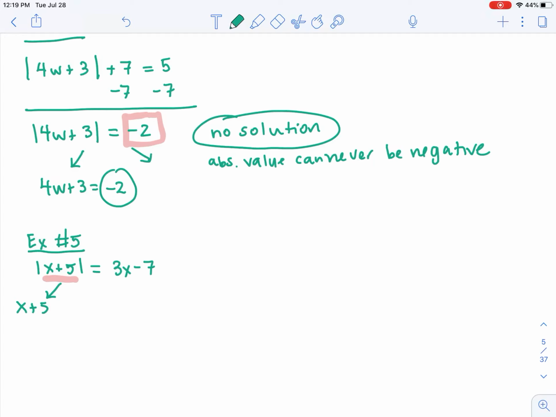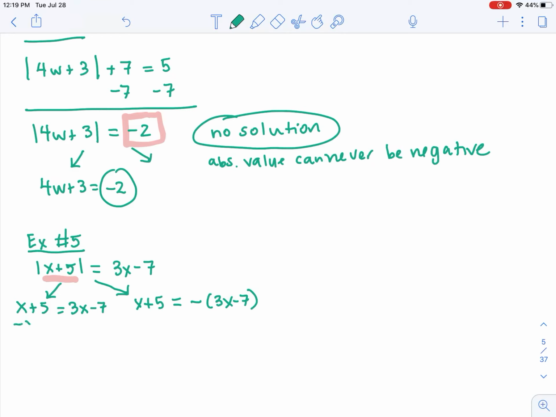That absolute value expression is isolated on the left, so we're good to go. And we set it equal to a positive expression on the right, as well as take the expression that's highlighted and set it equal to a negative version of the right-hand side. So again, representing positive and negative, and then going forward and solving.